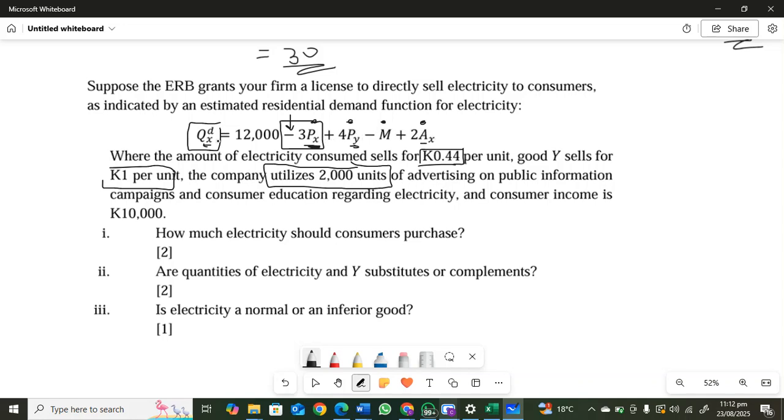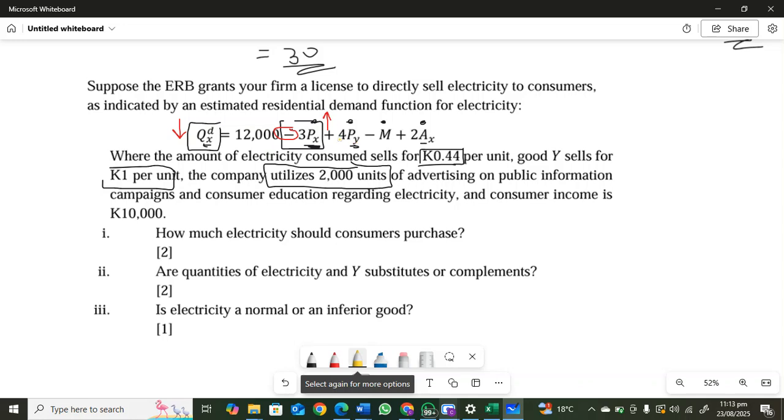If price goes up, quantity demanded goes down because of this minus sign, showing the law of demand.